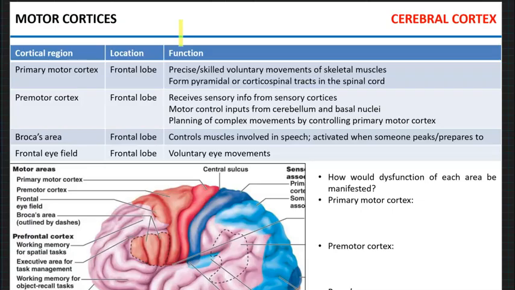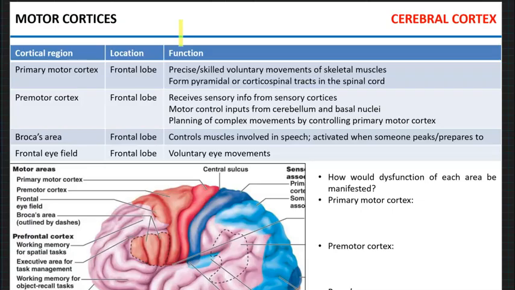So we're going to start. What do you need to know about the cortices? I'm going to give you an idea what questions you may expect. I may directly ask you to match the name of the cortex and its function. Okay? I may ask you to identify what a dysfunction of a particular cortex is going to look like.